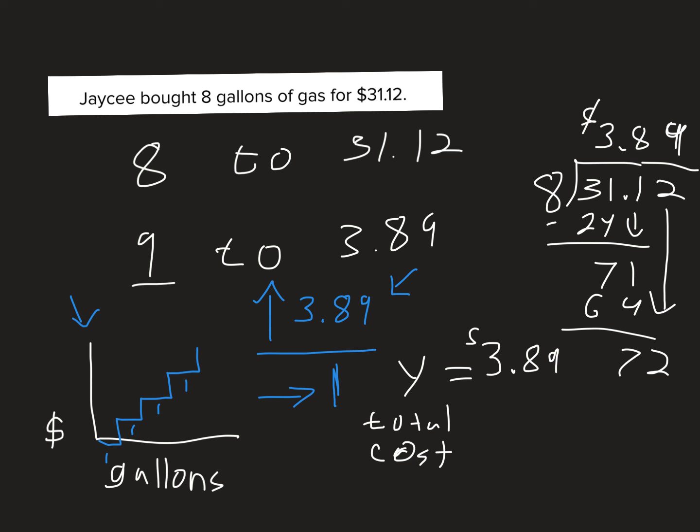This is my constant of proportionality. That is my growth every single time, what it's growing by per gallon. And then x is the amount of gallons.